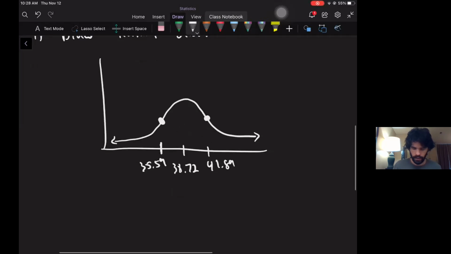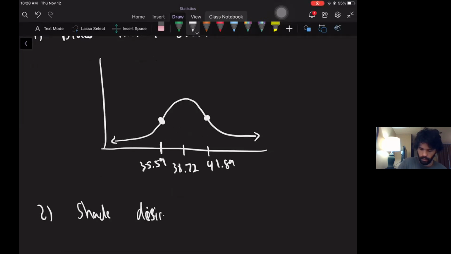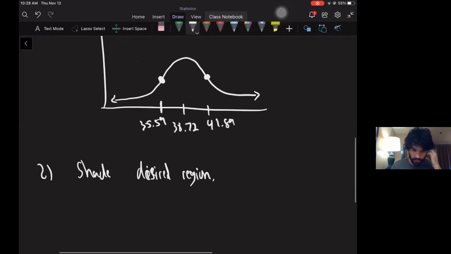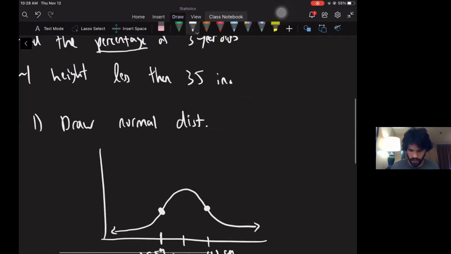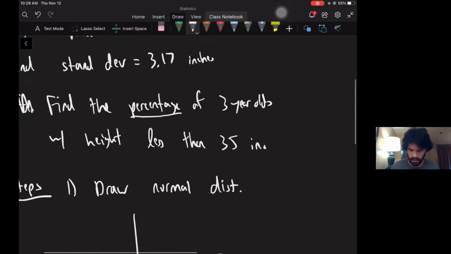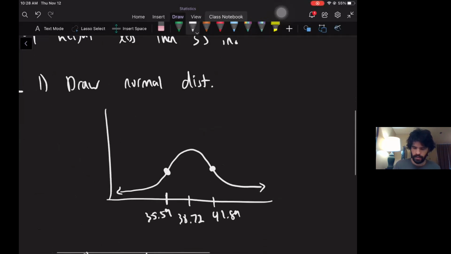Okay, and now I'm going to shade the desired region. What I'm trying to do is find the percentage of 3-year-olds whose height is less than 35 inches. That means I want to find where 35 is. Just estimate, it doesn't have to be perfect. And I'll shade what I'm looking for.